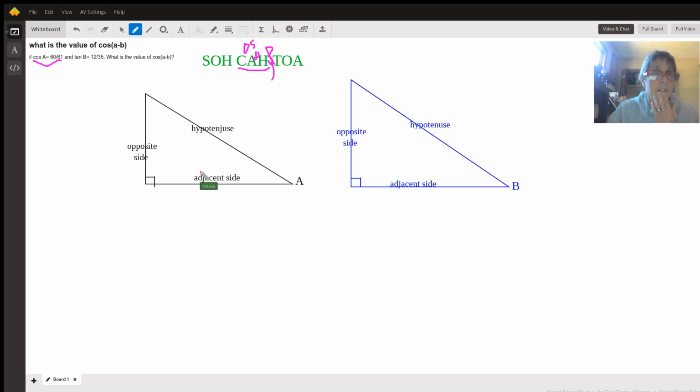So what that means is that this side is 60 and the hypotenuse is 61.